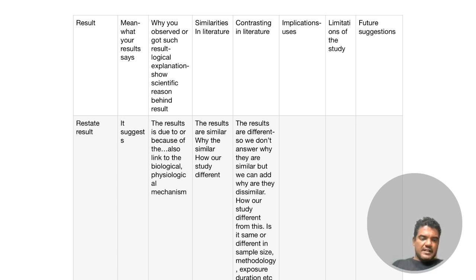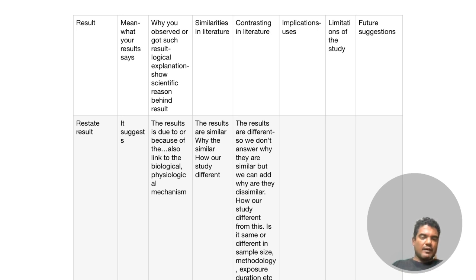So even our results, after conducting the experiments, whatever results we get, must again be supported by the literature available. Sometimes we find the results similar. In such a case, just mentioning our results are similar to their results is not enough.